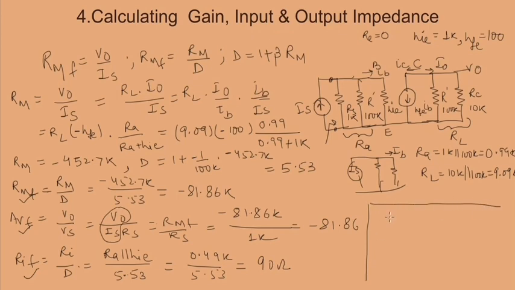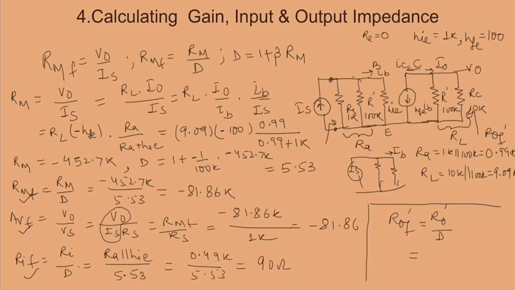So we have calculated RMF, AVF, RIF, and the last value to be calculated is ROF dash. ROF dash is the resistance at this point. ROF dash is given by RO dash by D. And what is RO dash? RO dash is the parallel combination of R dash and RC.